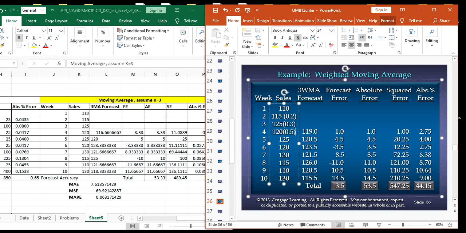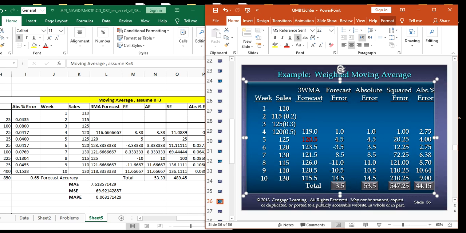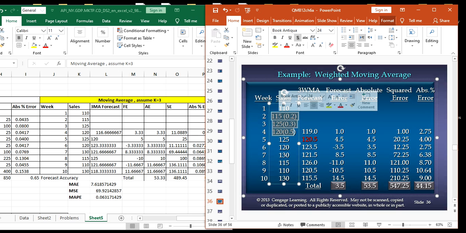So we obtain 120.5. Okay, the same measurements, the same way we measure the forecast errors over here. Here is that one.